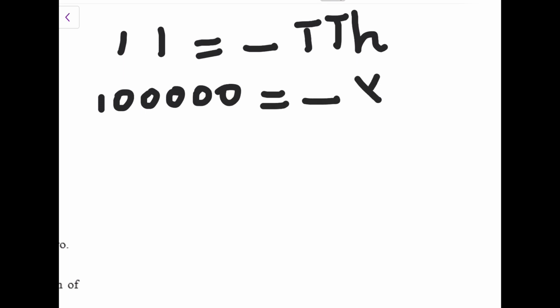Let's make it in the form of digits. 1 lakh is equal to dash. Let's put a multiplication symbol there and write 10,000.